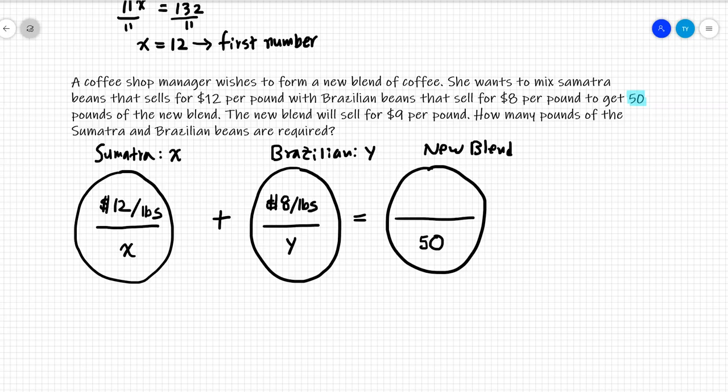Okay. And what we want to know here is we are going to sell this one at $9 per pound. Okay, so let me write that here. We want to be selling it for $9 per pound. So that's going to be the setup here.